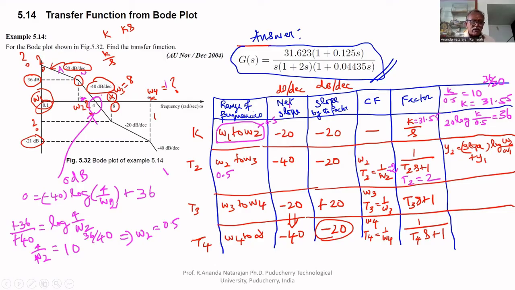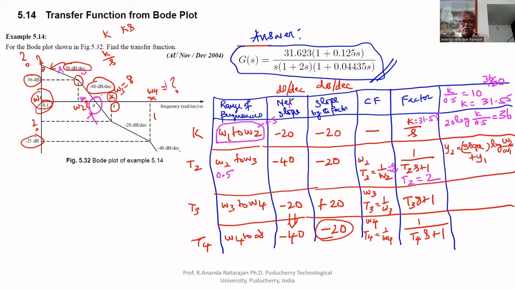Now we have to find the third parameter, T3. Omega 3 we have to find. For that, if you use omega 2, now we know both values. Omega 2 equal to 0.5. Therefore, y2 equal to 36. At omega 3, do you know the magnitude? We do not know the magnitude. But omega 3 equal to 8 is given. Therefore, omega 3 equal to 8.